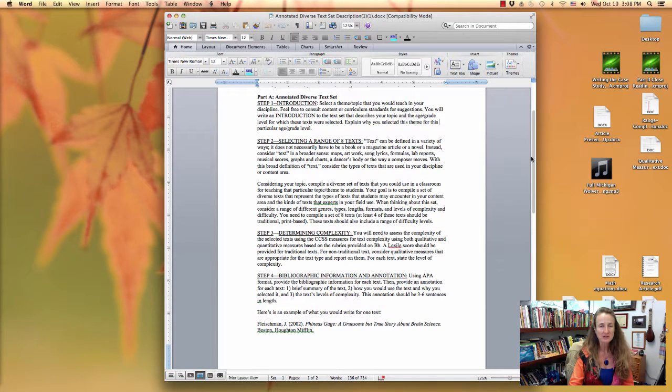The next part, and obviously the most significant part, is picking a range of 8 different texts. And by text, we mean something that a student has to make sense of. 4 of these texts can be traditional texts, like a textbook, things written on a page that kids read, but some of them could be video, could be posters or propaganda posters.